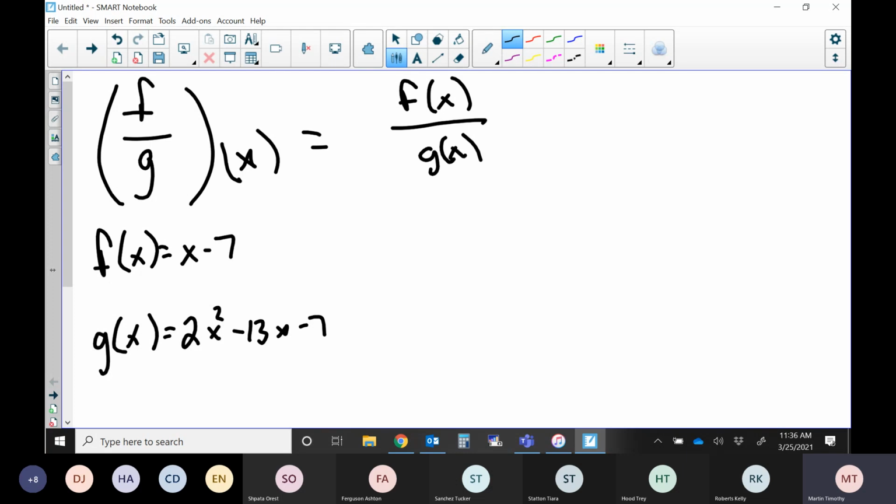And so instead of writing f of x, what am I going to write in its place? X minus 7. And instead of g of x, what am I writing in its place? 2x squared minus 13x minus 7.